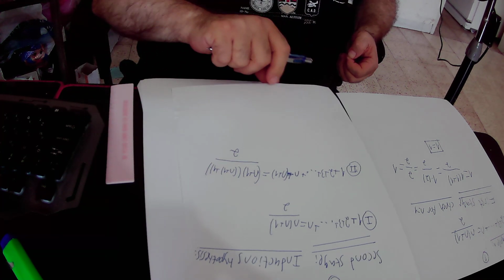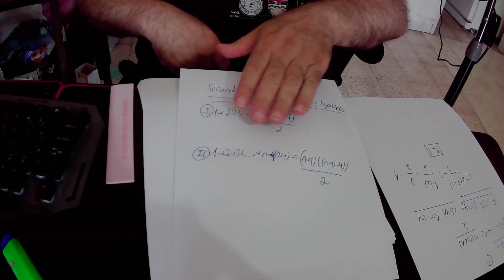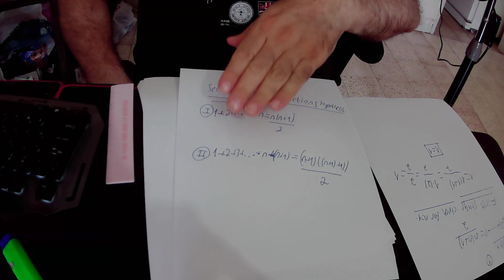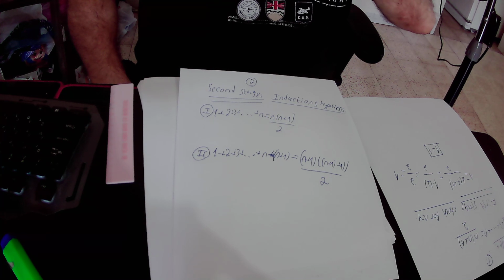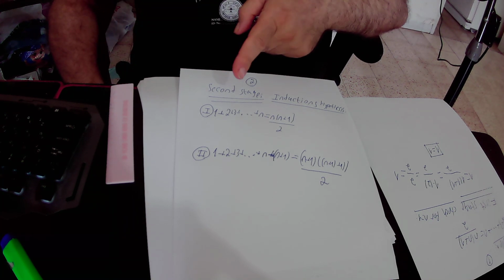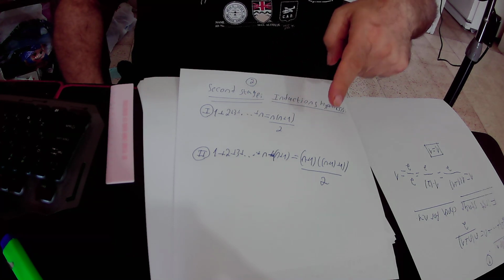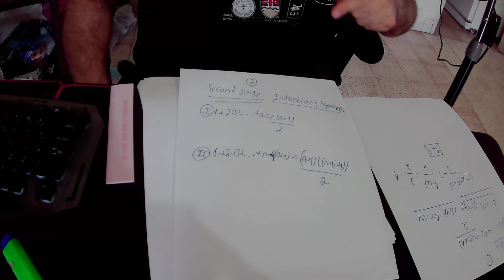So actually, the second equation is the expression of the statement for n plus 1, and we have to prove that this second expression is true. Okay, so it is 1 plus 2 plus 3 plus ... plus n plus 1 equals n plus 1 times n plus 1 divided by 2.